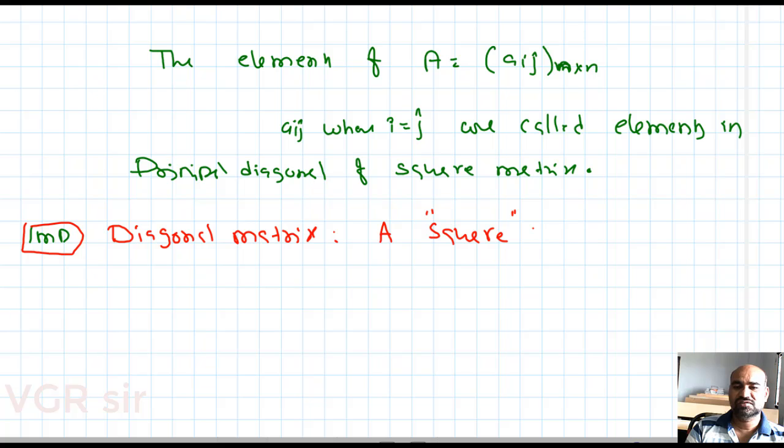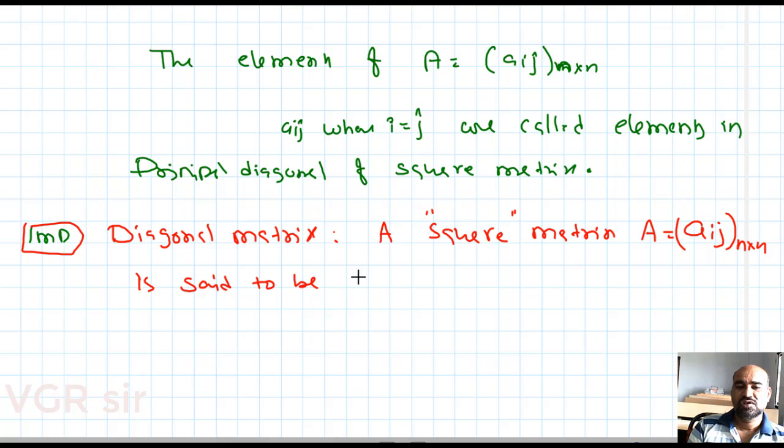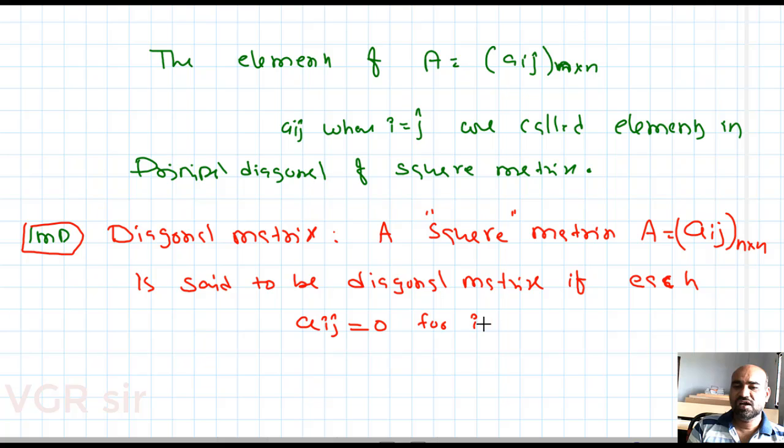A square matrix A equal to [Aij] n by n is said to be a diagonal matrix if each Aij equals 0 for i not equal to j.